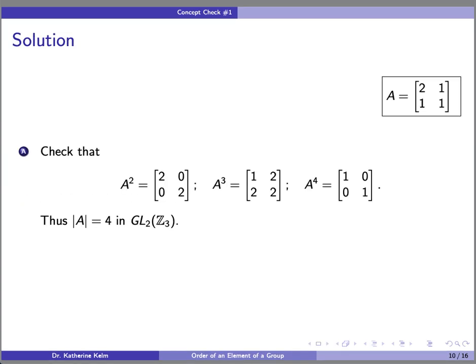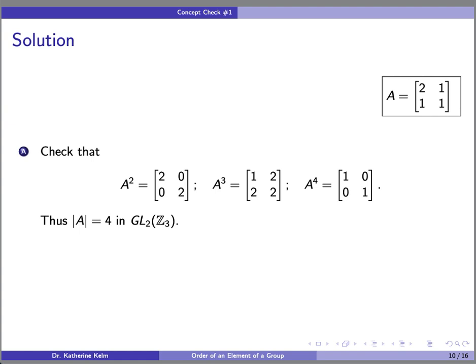Okay, so here's our solution. For part A, we are thinking of the matrix A as being an element of GL2 of Z3, which is a group under multiplication of matrices. So we're going to multiply A by itself as many times as we need to in order to get the identity element of GL2 of Z3, which is the identity matrix 1, 0, 0, 1.